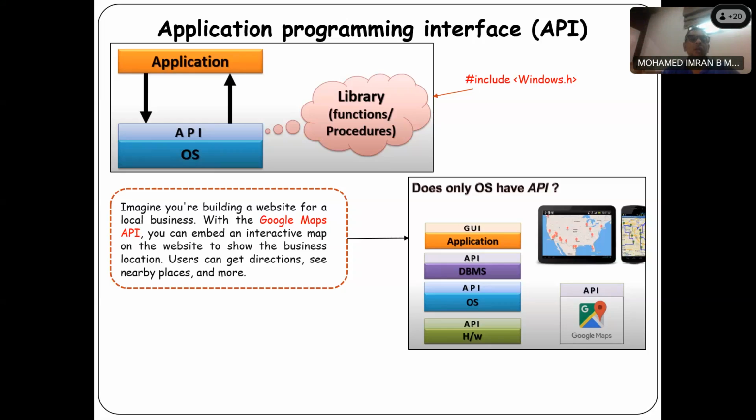In the top picture over here, where I say include Windows.h, you have an application, an API, and an operating system. So this is software, a device driver as well. Why do I put the hashtag include Windows.h?